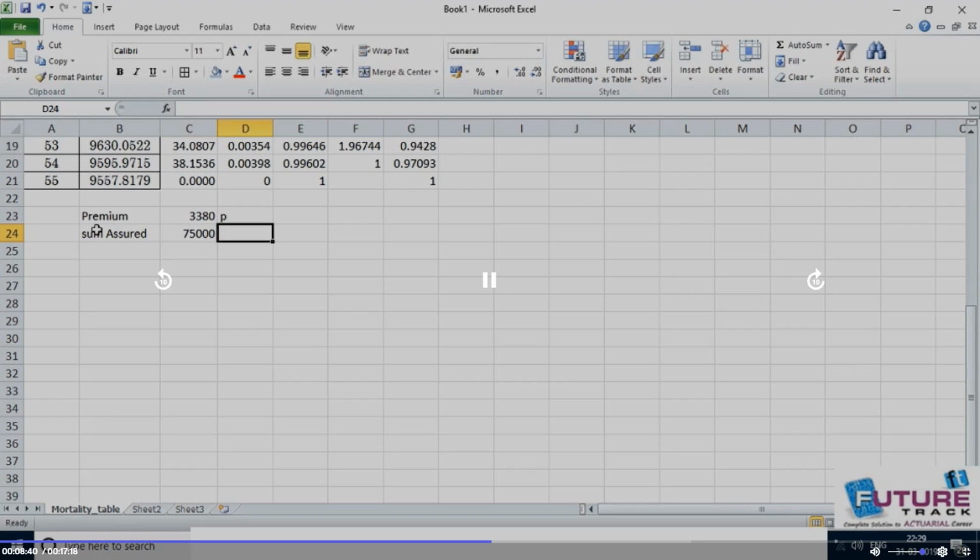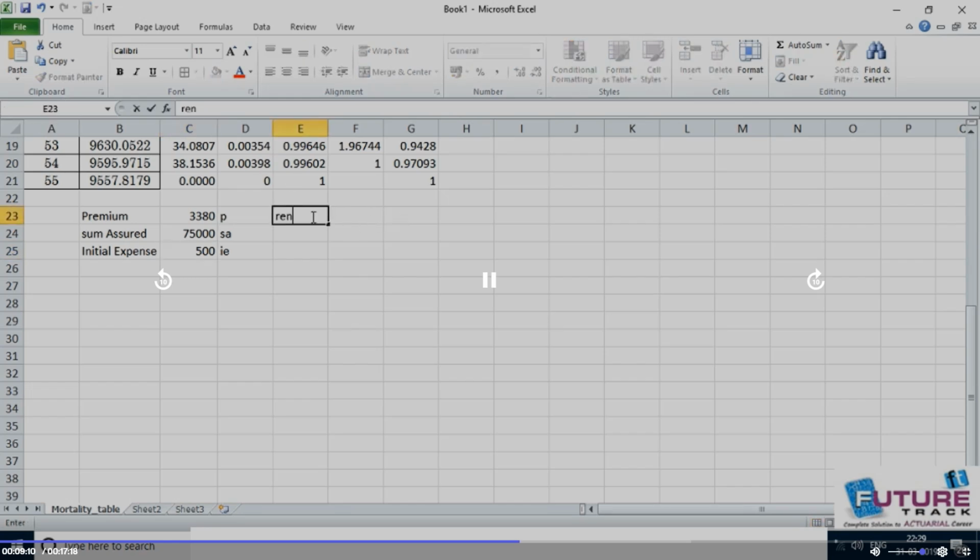Let's name it SA E. Then RE underscore E, fine. Initial renewal commission .5 initial expenses, your 500, RE underscore IE, fine. Give a name RE underscore C.